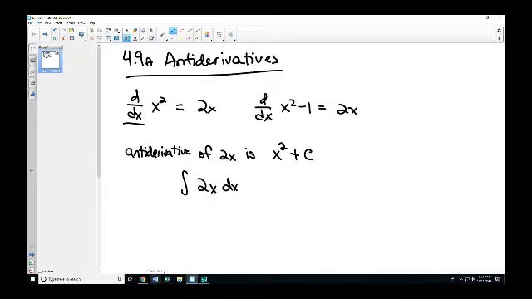So this means calculate the antiderivative of 2x. You can say this lots of ways, but calculate the antiderivative of 2x in this case.